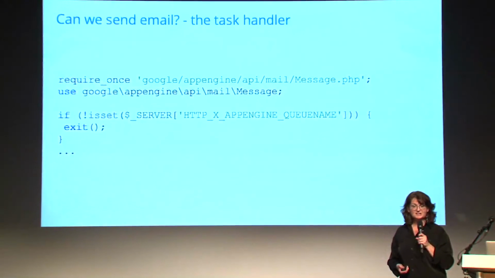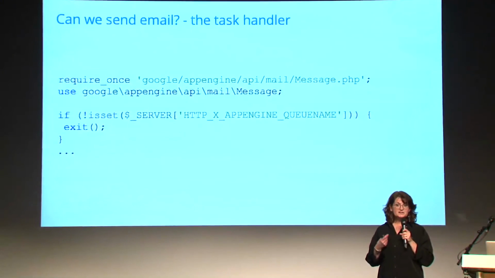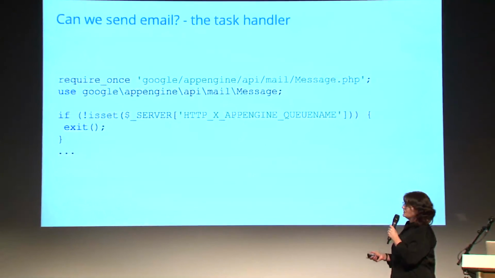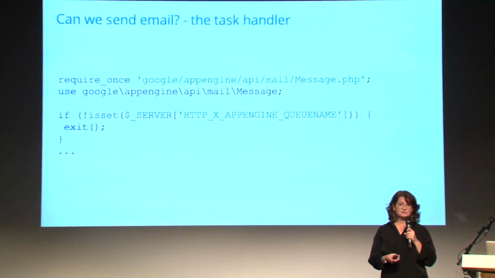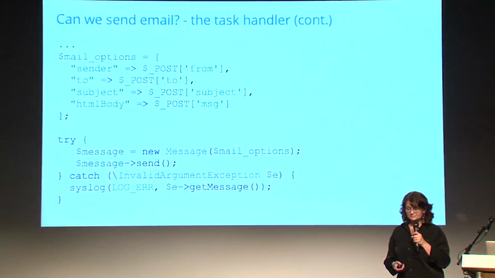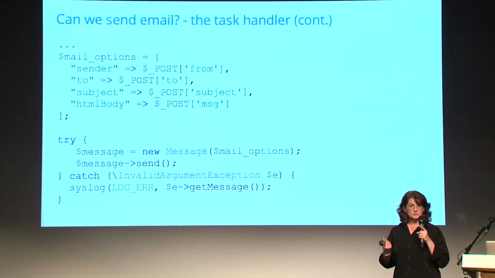And then here's the task handler itself. It's just run as a post request. We're first checking to ensure that it's running as a task, in case we don't want the script to run in any other context. And then we're treating it as we would any other post request. We're grabbing the task payload, the task parameters from the post array, and then we're just sending the message. And that's all there is to it. It's really nice and powerful.